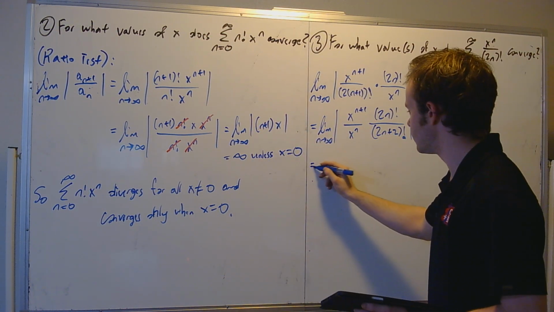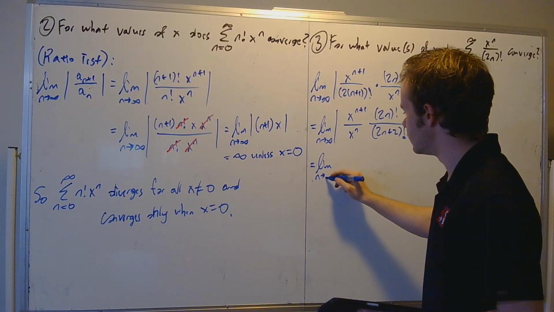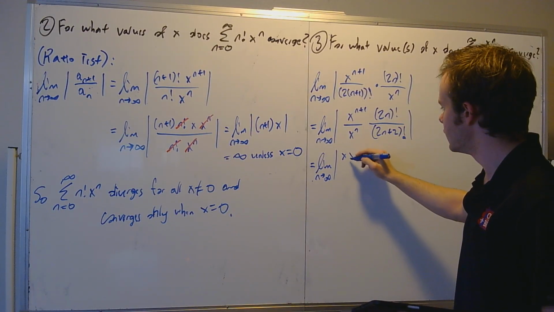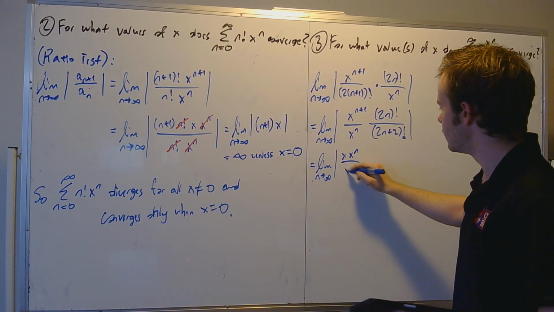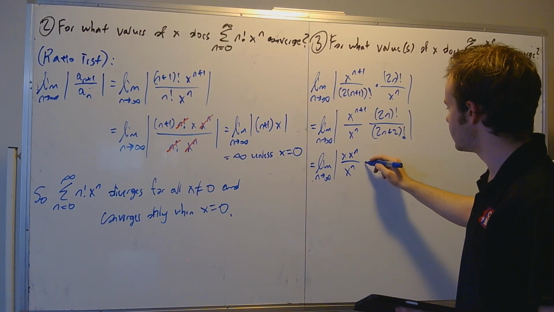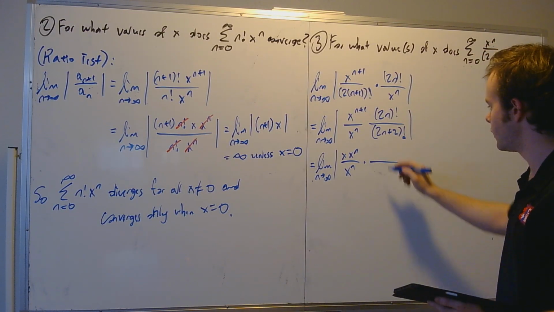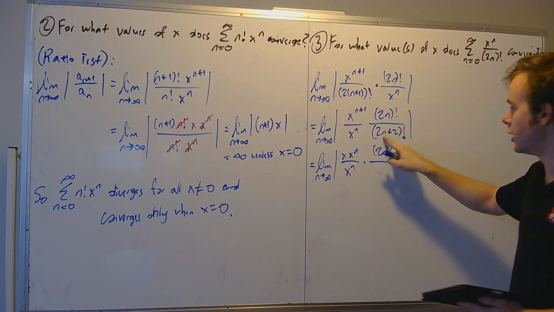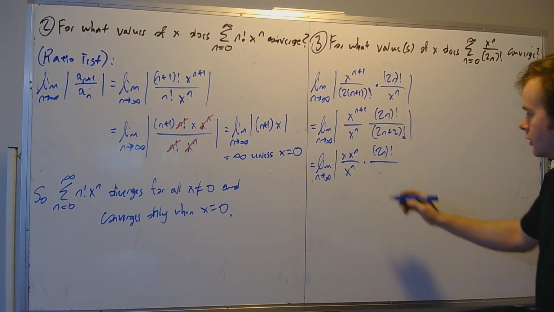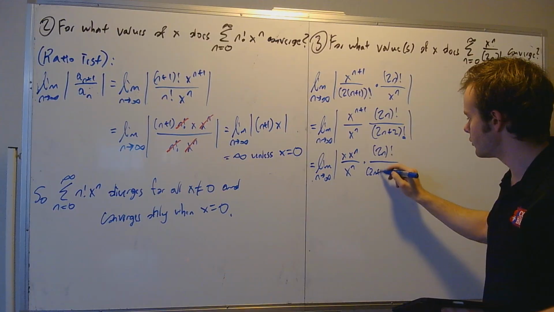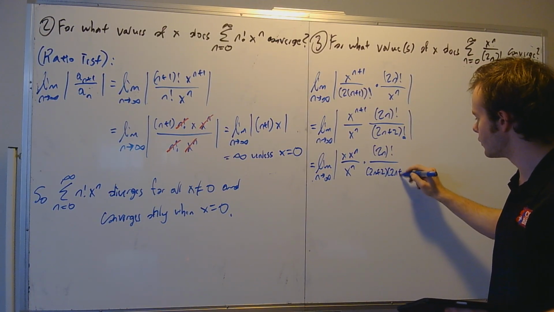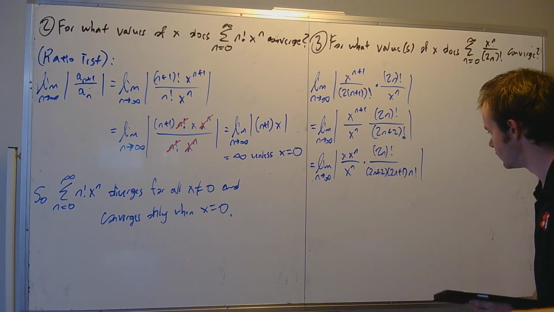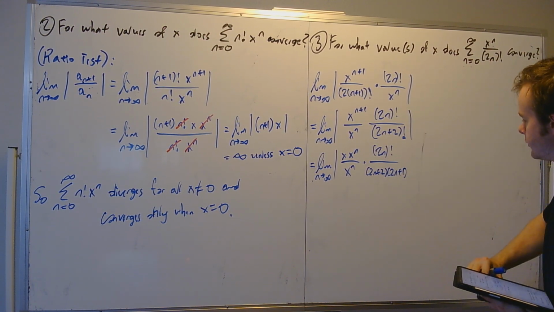So we can rewrite this as the limit as n goes to infinity of the absolute value of, we can write the numerator here as x times x to the n over x to the n. And for the second fraction, we can write this as 2n factorial over, now here the denominator is 2n plus 2 factorial. So this is going to be 2n plus 2 times 2n plus 1 times 2n factorial.